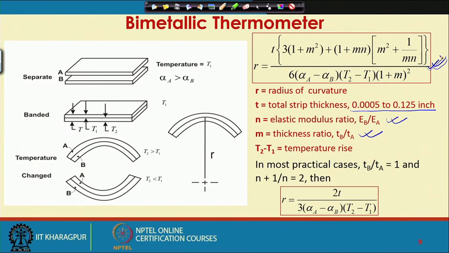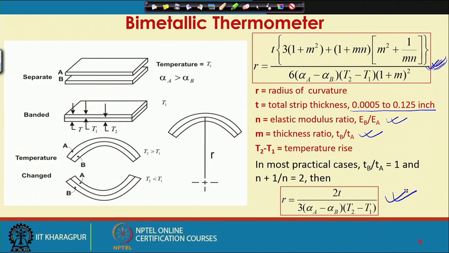So, T B by T A equal to 1, and if we also consider n plus 1 by n equal to 2, then this equation you will see that can be greatly simplified to this. So, R is 2 T divided by 3 into alpha A minus alpha B into T2 minus T1.